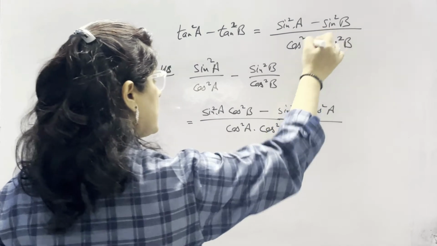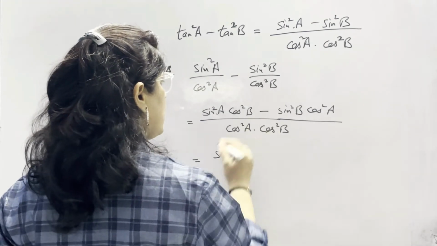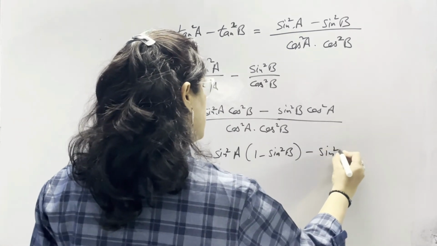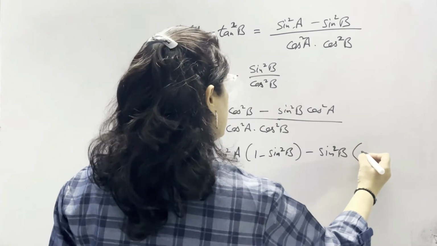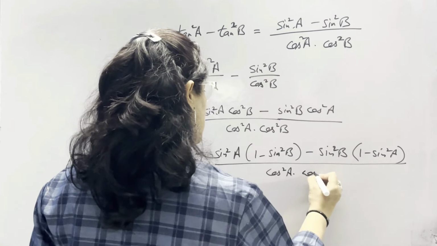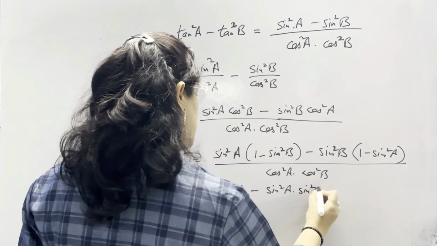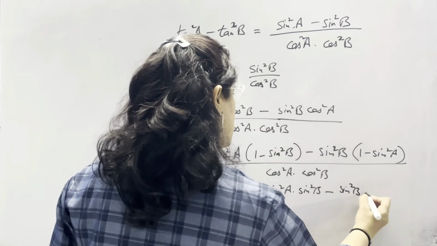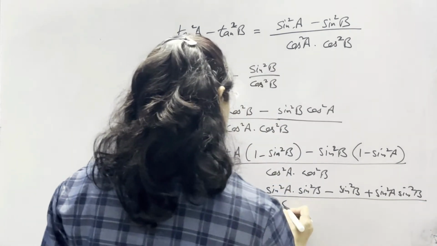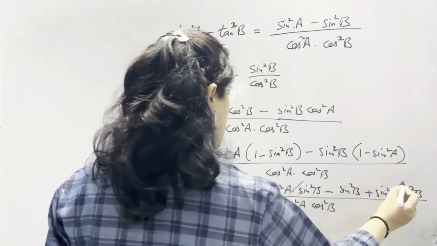Now sin square A and sin square B are in the right hand side also, so we can change cos square B. Now sin square A, and instead of cos square B we can write 1 minus sin square B, and here sin square B, and then instead of cos square A we can write 1 minus sin square A, upon cos square A into cos square B. Now opening the brackets: sin square A minus sin square A into sin square B, and in the second bracket minus sin square B, minus minus plus sin square A and sin square B, in the denominator cos square A and cos square B. Now sin square A sin square B is in plus and in minus, so we can cancel both of them.